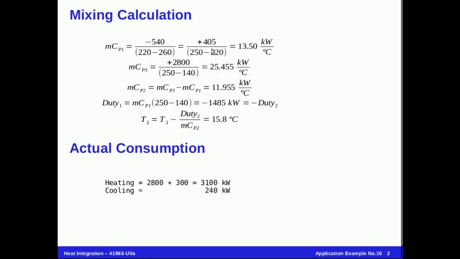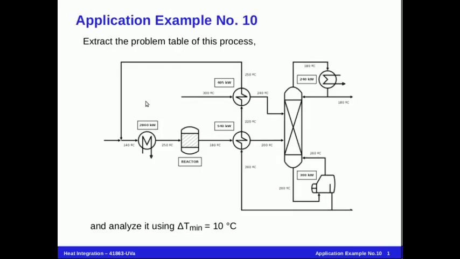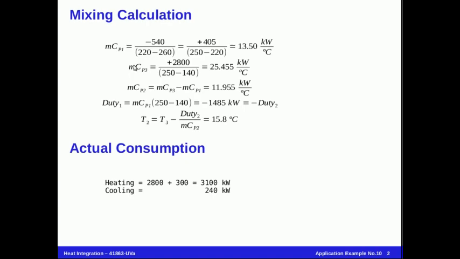That in both cases is 13.5 kilowatts per Celsius. And we have also the MCP of the mixture, because we have a change in temperature from 140 to 250, 2080 kilowatts, and this allows us to calculate the MCP.